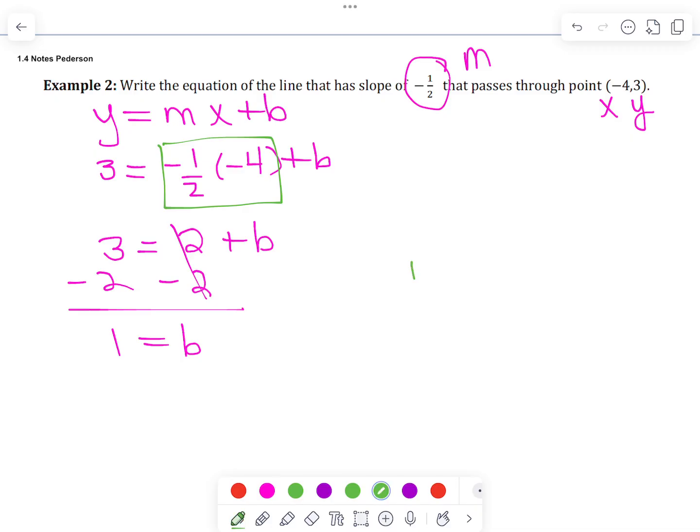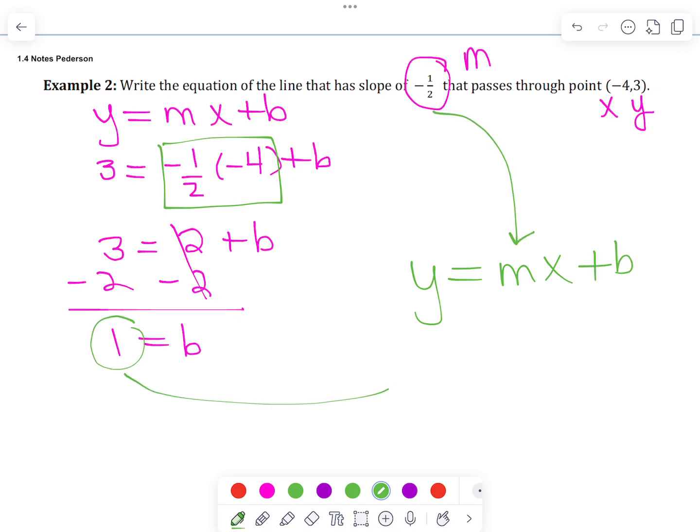So now to write the equation in y equals mx plus b, we just substitute the -1/2 and the 1 into that equation. So here's the answer. y equals -1/2 x plus 1.